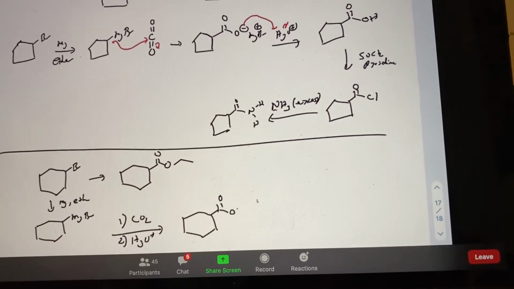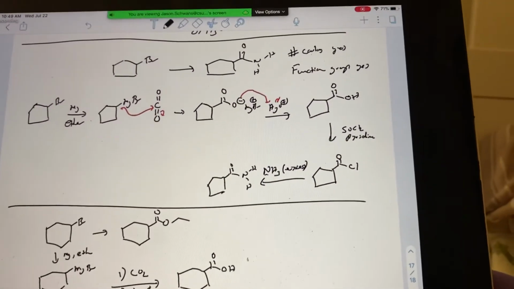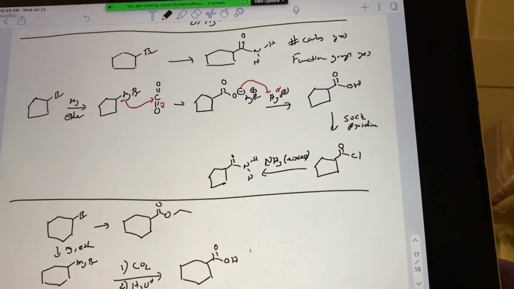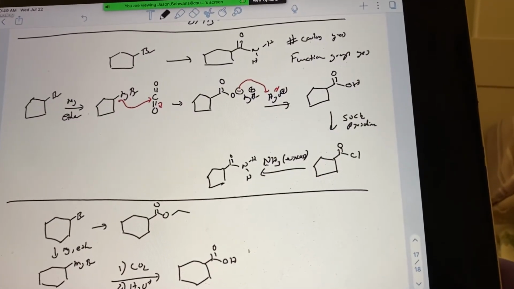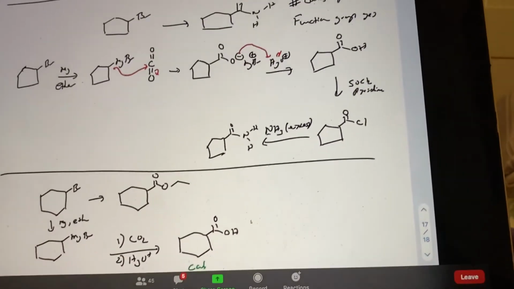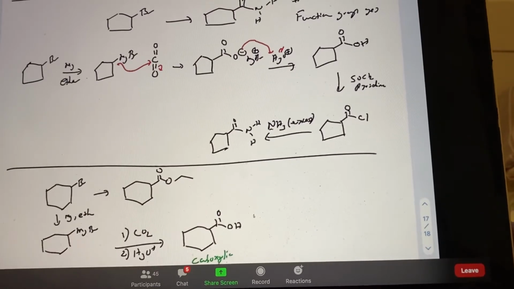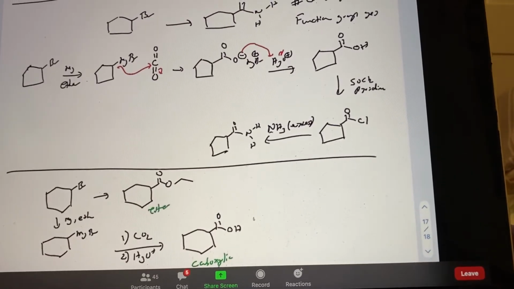Generate our carboxylic acid. And then now we want to generate an ester. So we have here our carboxylic acid. We want this ester in the end.